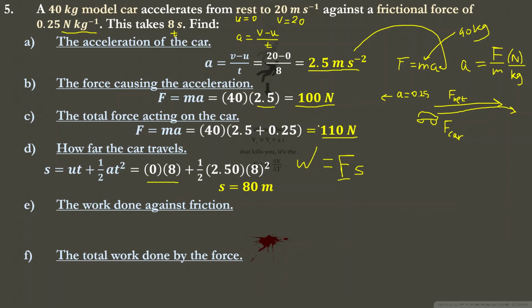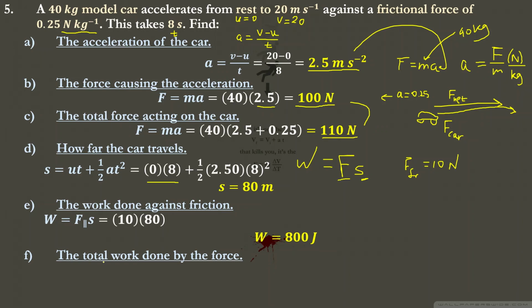The total amount that's acting on the car is 110. So our frictional force contributes about 10 newtons to this. So if I substitute it in, S is 80 and F is 10, then the total work done is about 800 joules.